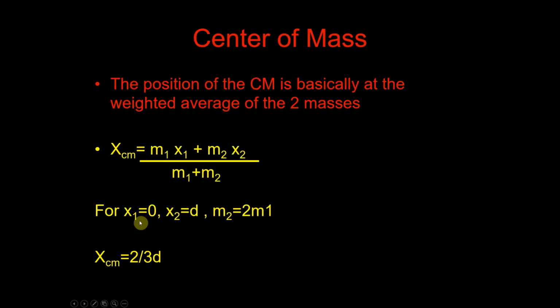So for x1 being at the origin of 0 and x2 being at some distance d, if mass 2 is equal to twice mass 1, you'll end up with a simple calculation saying that the distance to the center of mass here would be 2/3 d, where d would essentially be the distance to x2 from the origin.